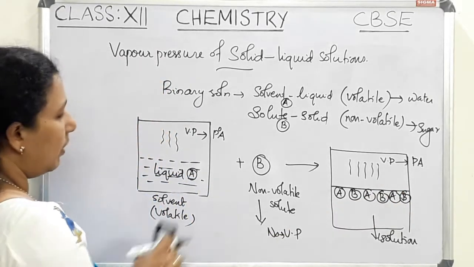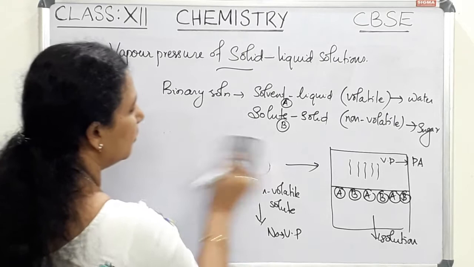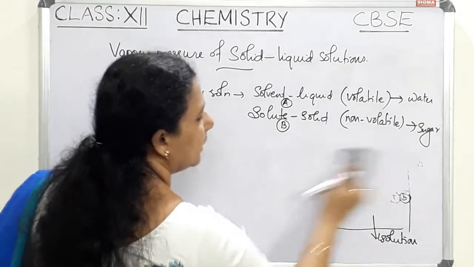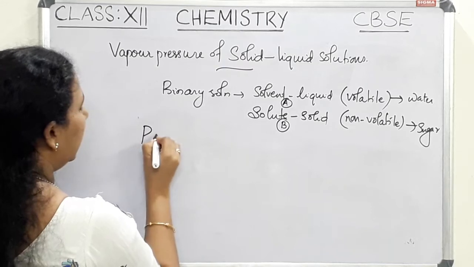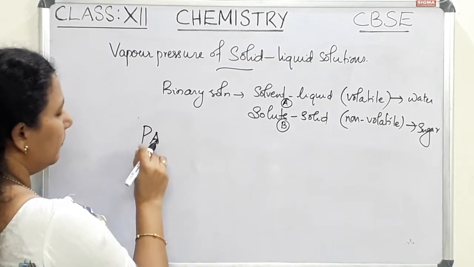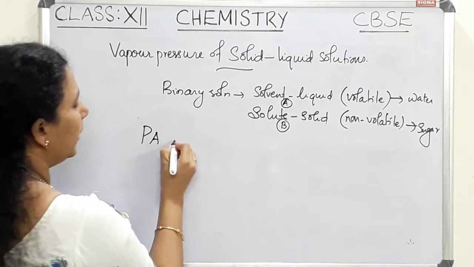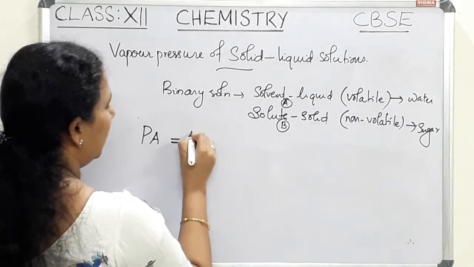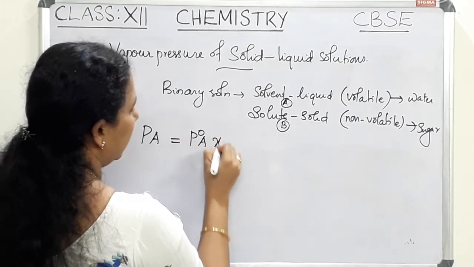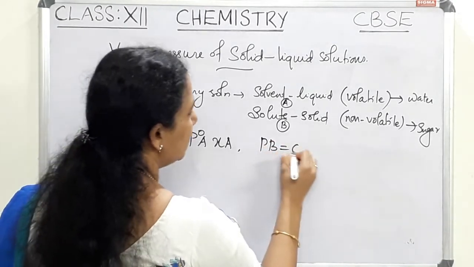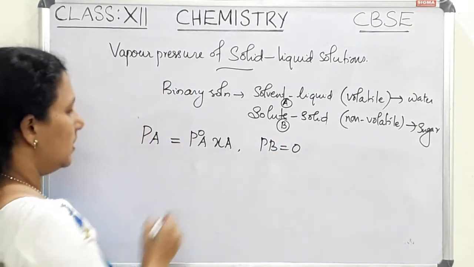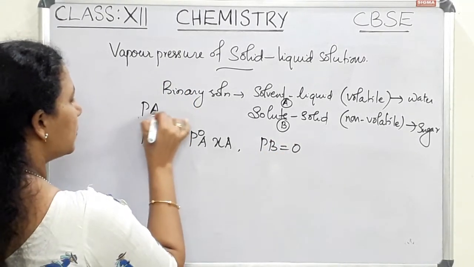So according to Raoult's law, we can write PA, the partial vapor pressure of component A, is equal to P0A XA, and PB is equal to 0 in this case. So PA is directly proportional to XA.